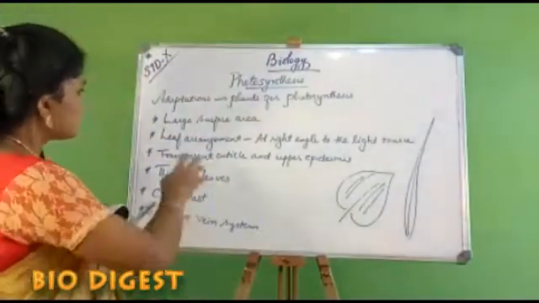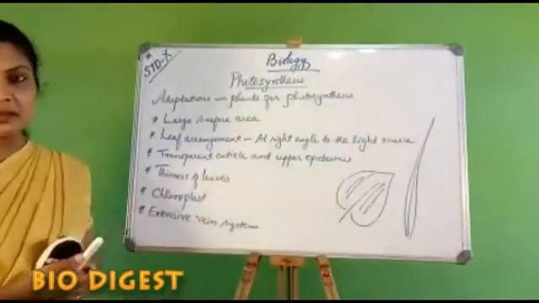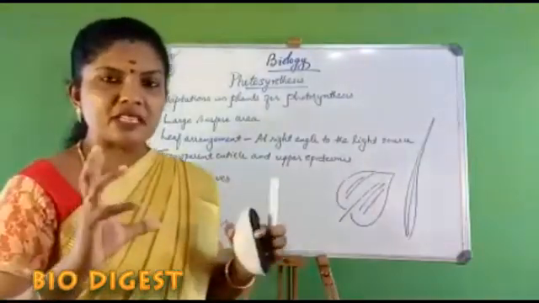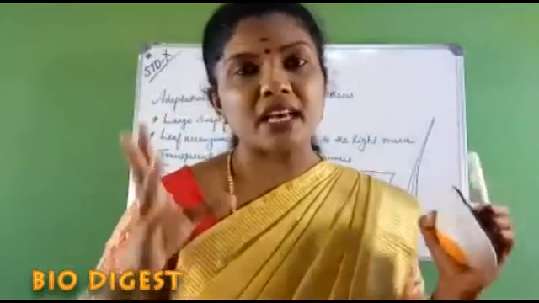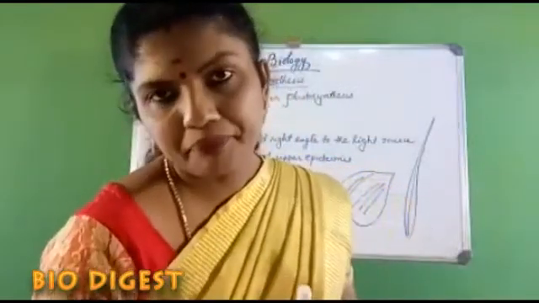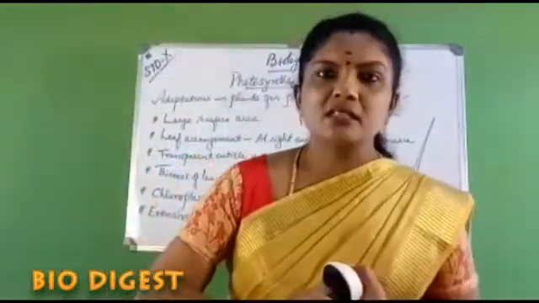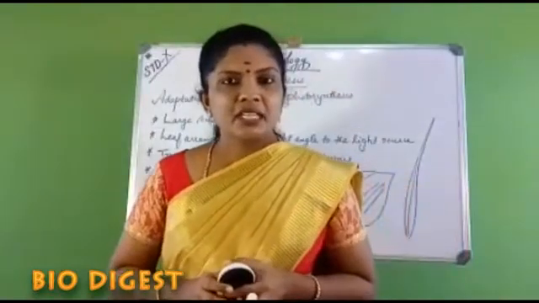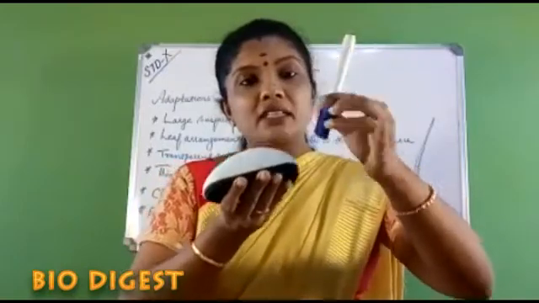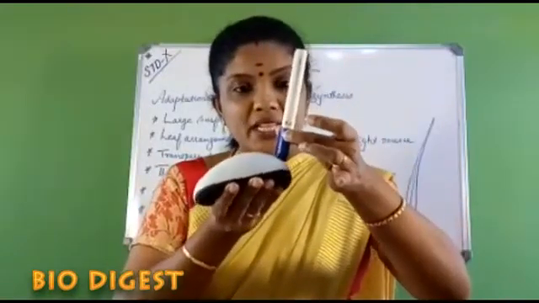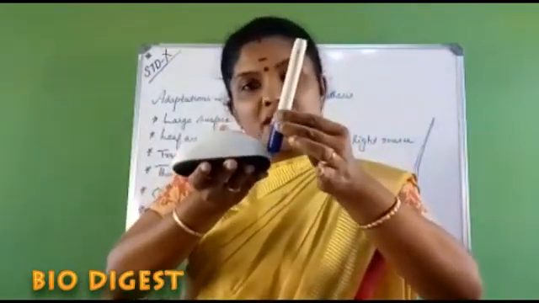Then comes the leaf arrangement. How the leaves are arranged on the plant body, or how the leaves are arranged on the stem. It is stated that the leaves should be arranged at right angles to each other like this. Imagine that if this is one leaf, another leaf should be like this.